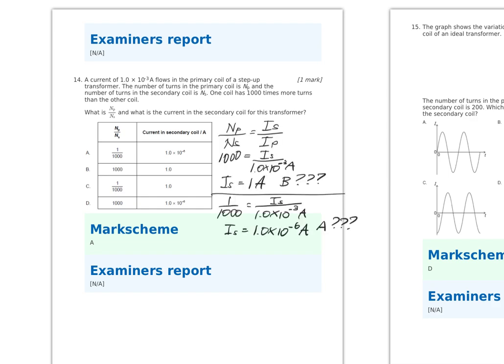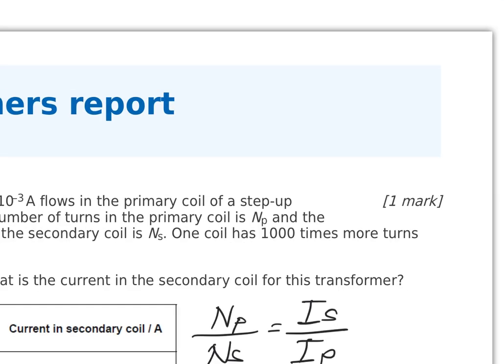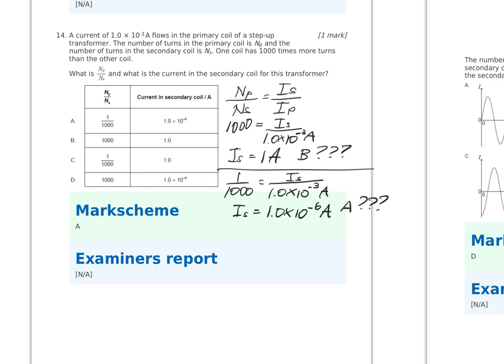So if we actually go back to the question, it says a current of 1 times 10 to the negative 3 amps flows in the primary coil of a step-up transformer. A step-up transformer means you have a step up in voltage.